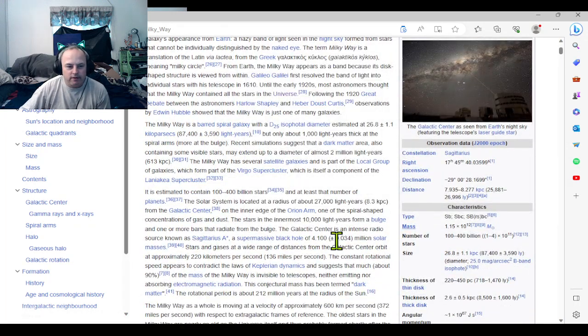So I have to compare our Milky Way with another galaxy of some kind because I want to compare weights, right? The weight of our galaxy, the Milky Way, to another galaxy somewhere. It doesn't even have to be similar to our Milky Way.